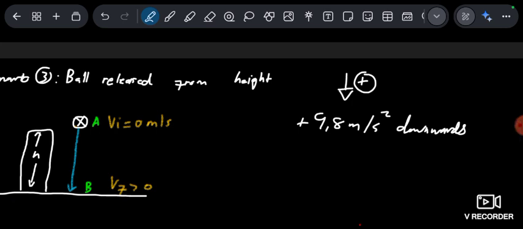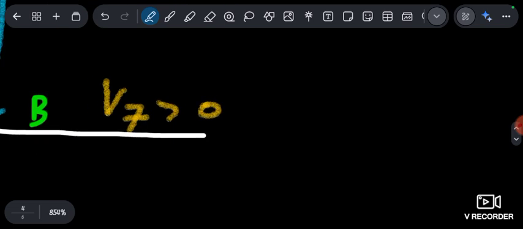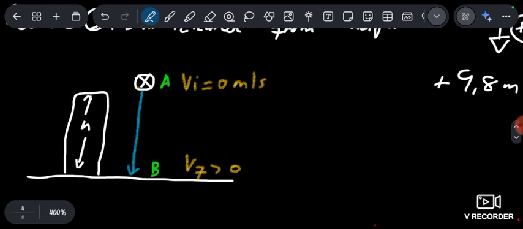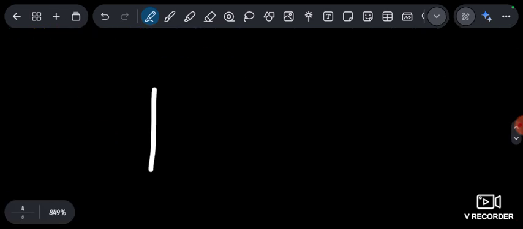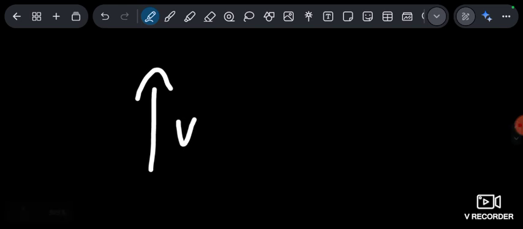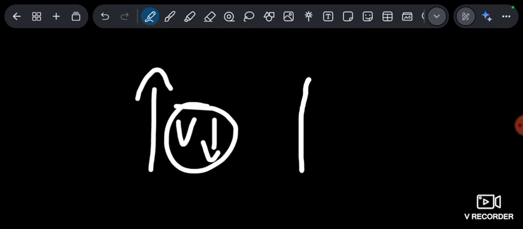But now, the velocity, do you agree with me? If you throw a tennis ball down, when it reaches the ground, its velocity increases. I said to you, when a ball or an object goes up, the velocity decreases, and when a ball or an object goes down, the velocity increases.